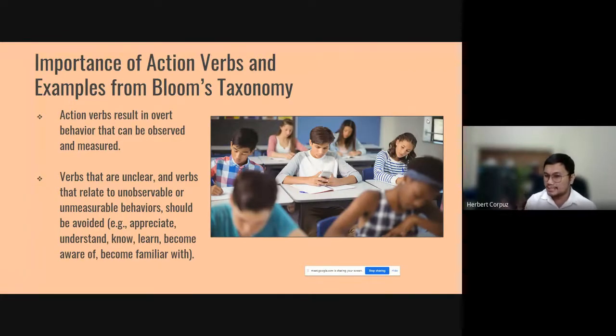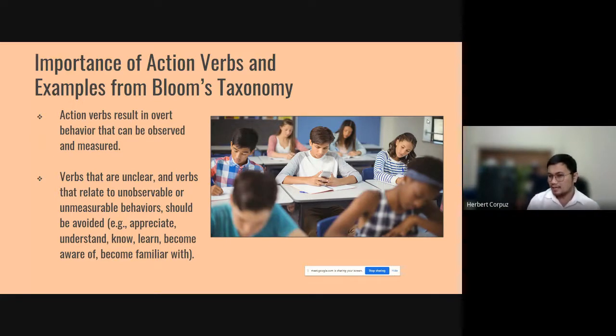Again, these are the ones we will not use when we write our learning outcomes: appreciate, understand, know, learn, become aware of, become familiar with. So please remember these verbs that we have to avoid when we write our learning outcomes, particularly the component student behavior, because these are unobservable and unmeasurable.